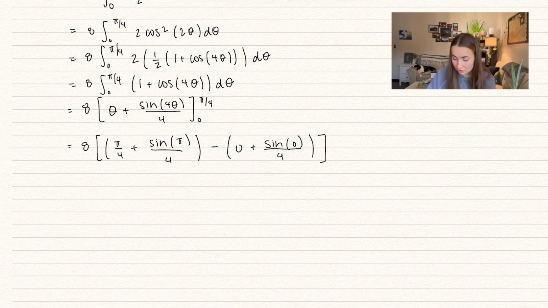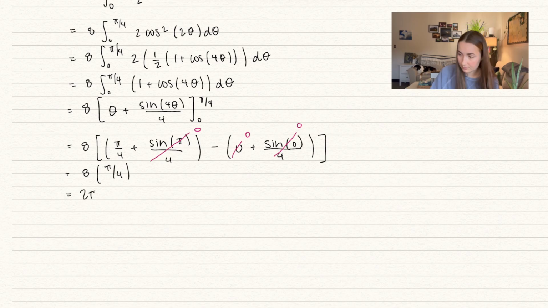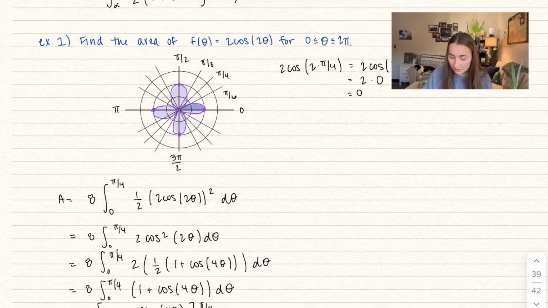And most of these turn to 0. Sine of pi is equal to 0. Sine of 0 is equal to 0. So all we get is 8 times pi over 4, which is just equal to 2 pi. And that right there is going to be your answer. So the area of all of these petals is equal to 2 pi.